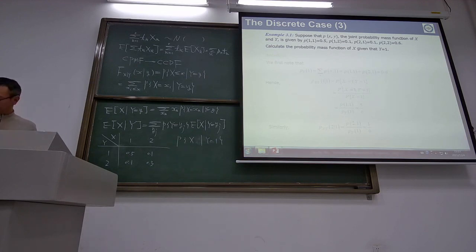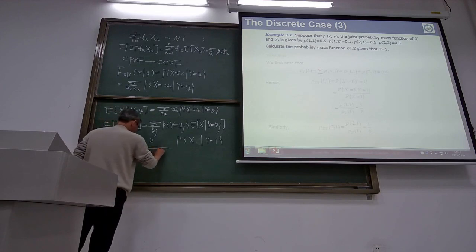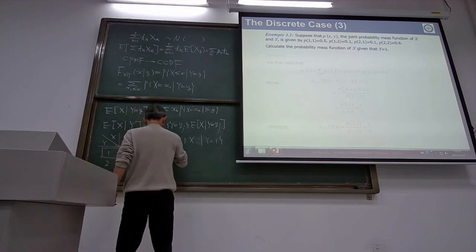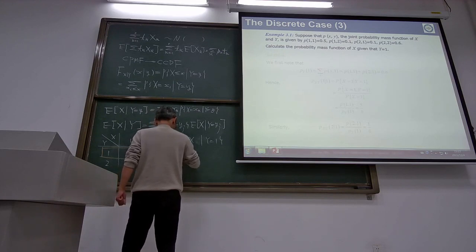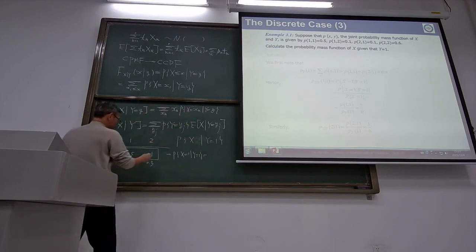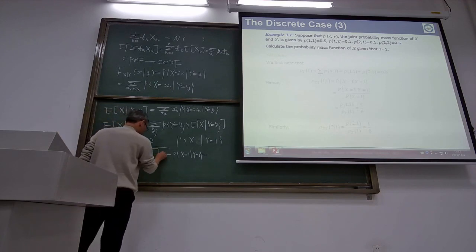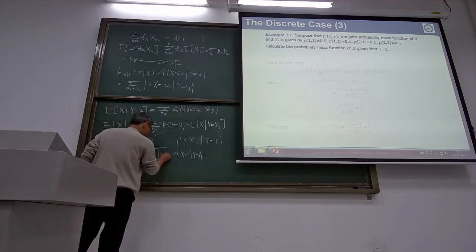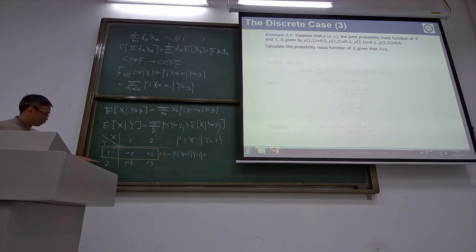The probability that X equals 1 given Y equals 1 uses the marginal of Y equals 1, which is 0.6, and the joint probability 0.4.